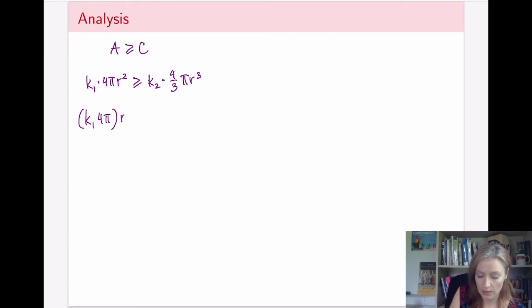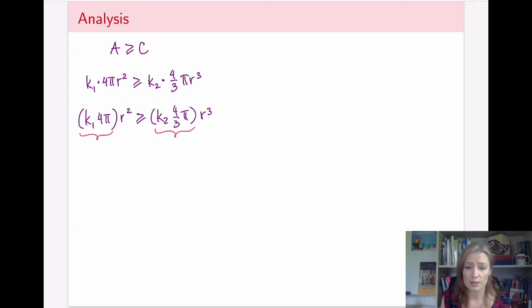So I have something times r squared, and it's greater or equal than K2 4/3 pi times r cubed, where this and this are both products of some constants. Now honestly, I don't really care what those constants are. All I care about here is that they are in fact constants, which means they're numbers, okay? So this is a constant, and this is a constant.